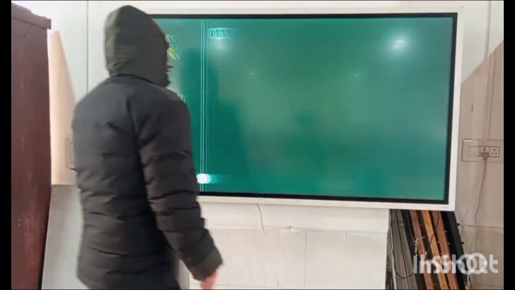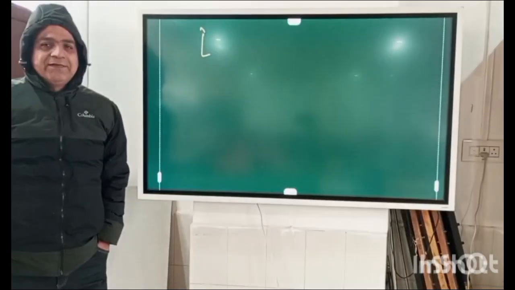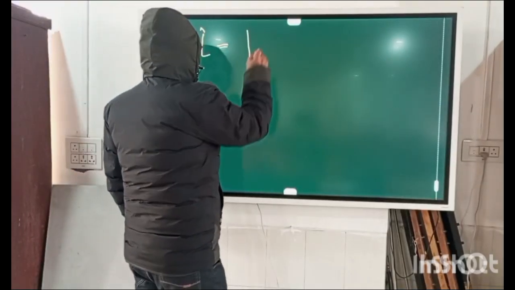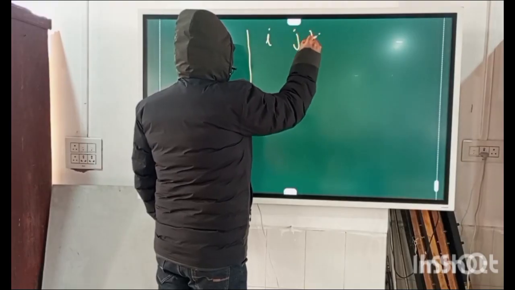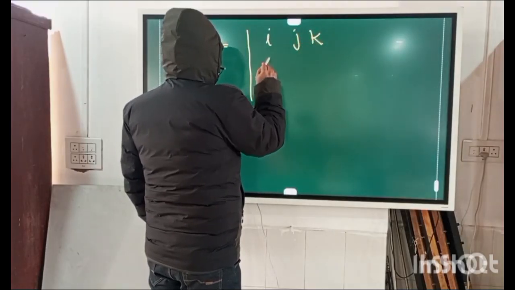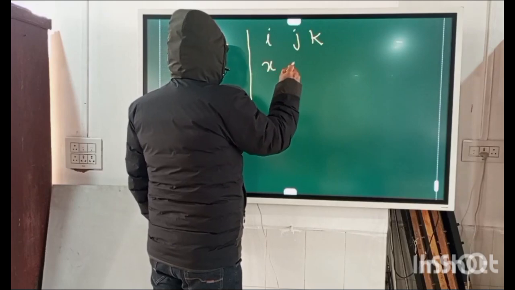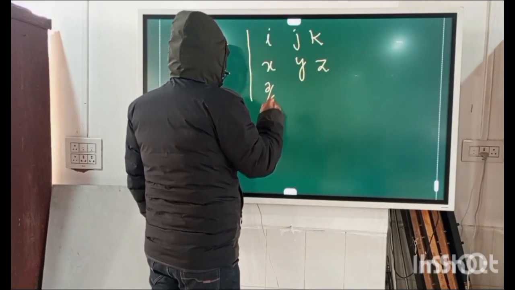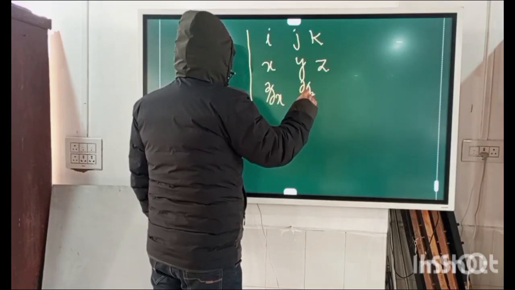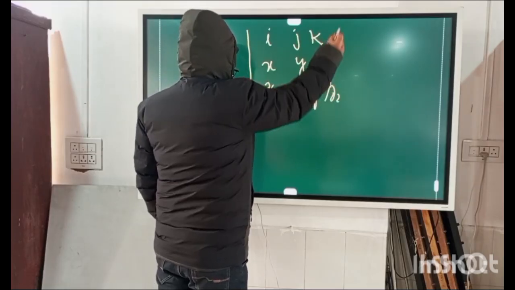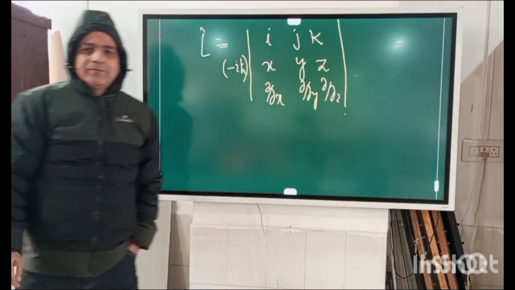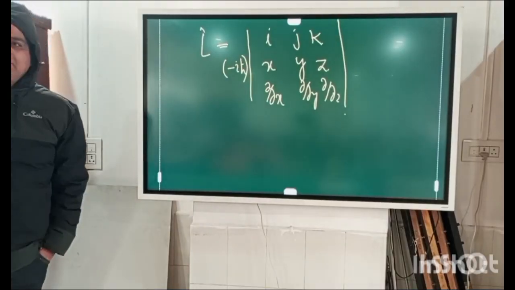I will have this L, and I'll put a cap on it because I'm writing it in terms of operators. So this is equal to the determinant with i, j, k, then x, y, z, then dou by dou x, dou by dou y, dou by dou z, and you can keep minus i h bar outside the determinant.